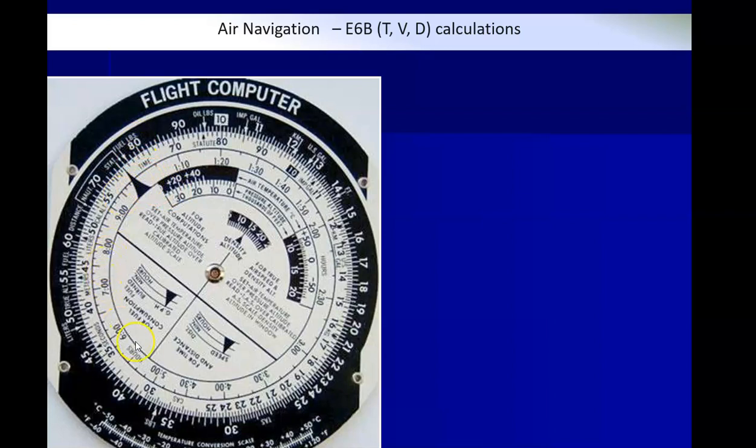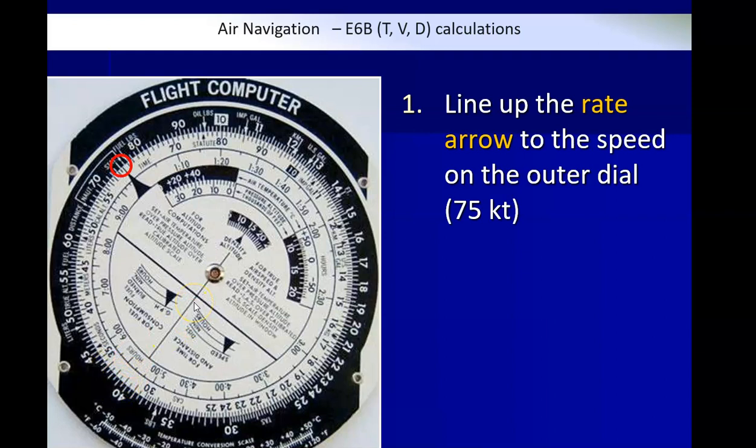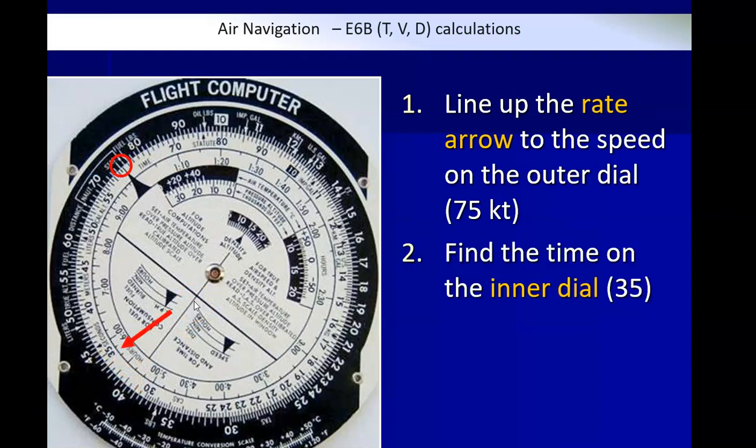And then I would read on the time scale to find my distance. I'm going 75 knots. I did that for 35 minutes. Of course, if I did it for an hour, I'd go 75 nautical miles. But a little bit less than a half hour, there I can just read up here. And it's just short of 35 nautical miles.